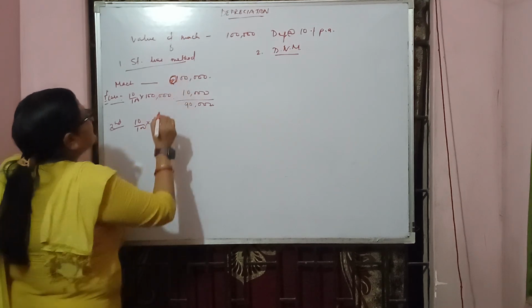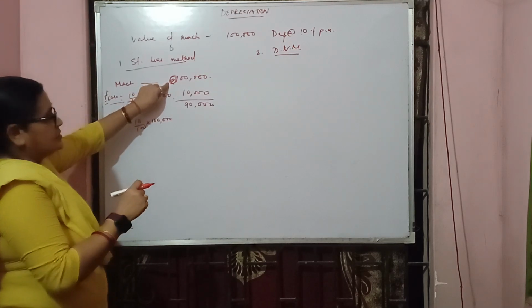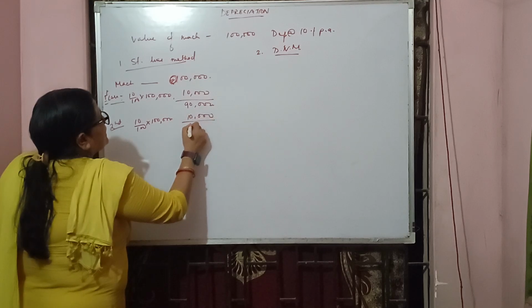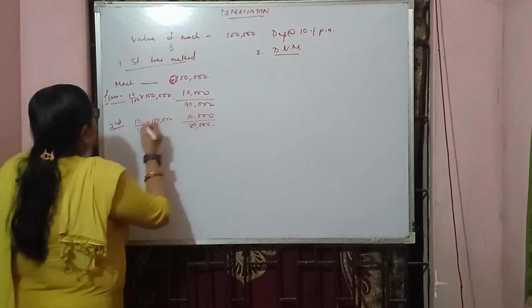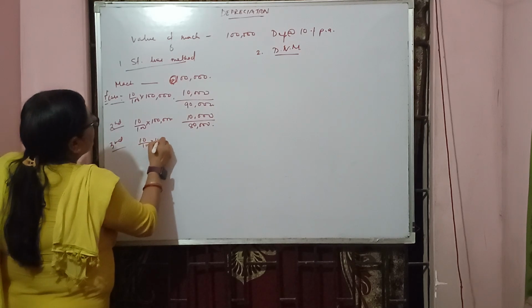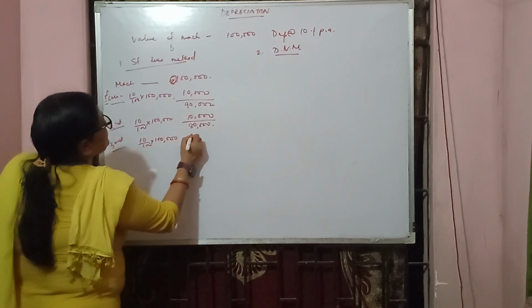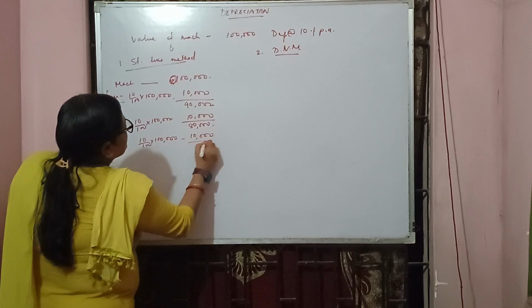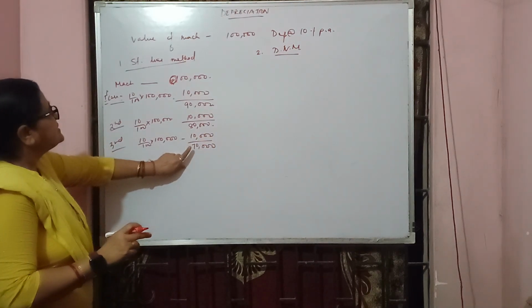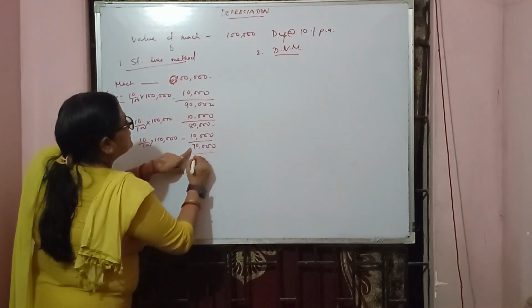The depreciation value will be calculated on the original cost. So it will be again 10,000, and the book value is 80,000. And third year it will be again 10 by 100 into 1 lakh, that is 10,000. So book value comes to 70,000 in the third year.